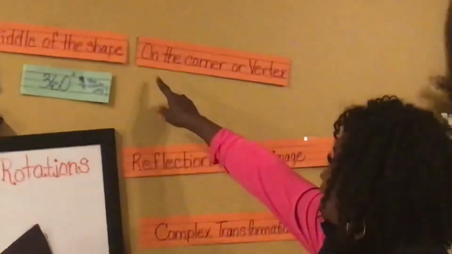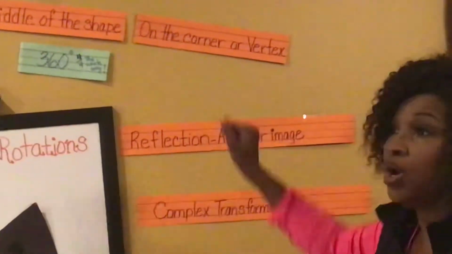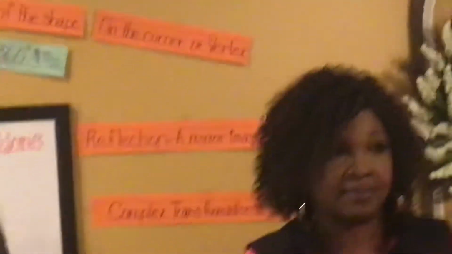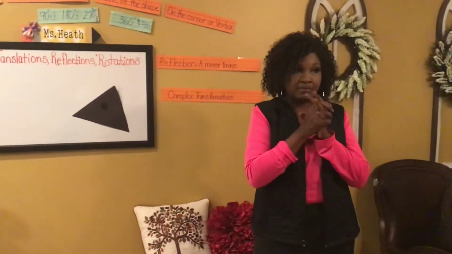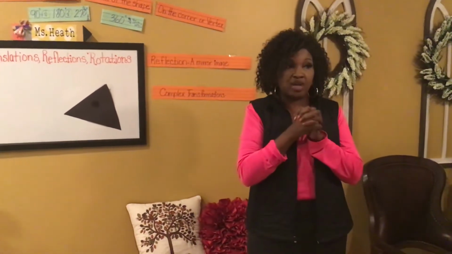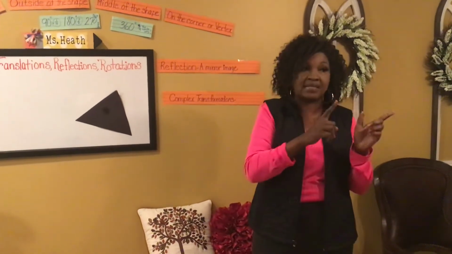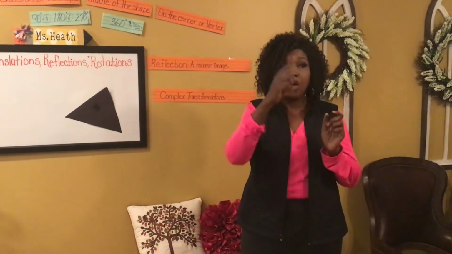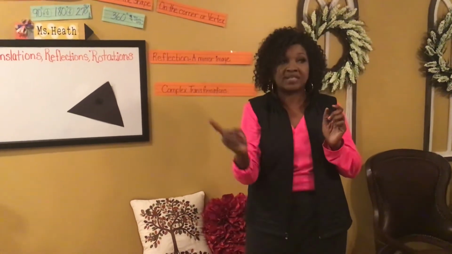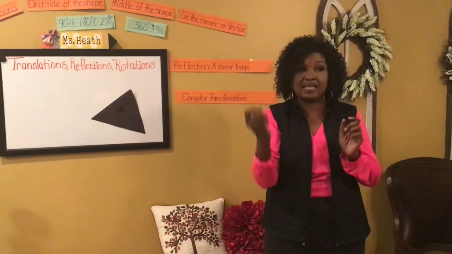And a rotation can occur on the corner or the vertex. Now, let's talk about outside of a shape. When it's outside of a shape, that means it rotates around a point, and we call it a turning point or a center of turning.